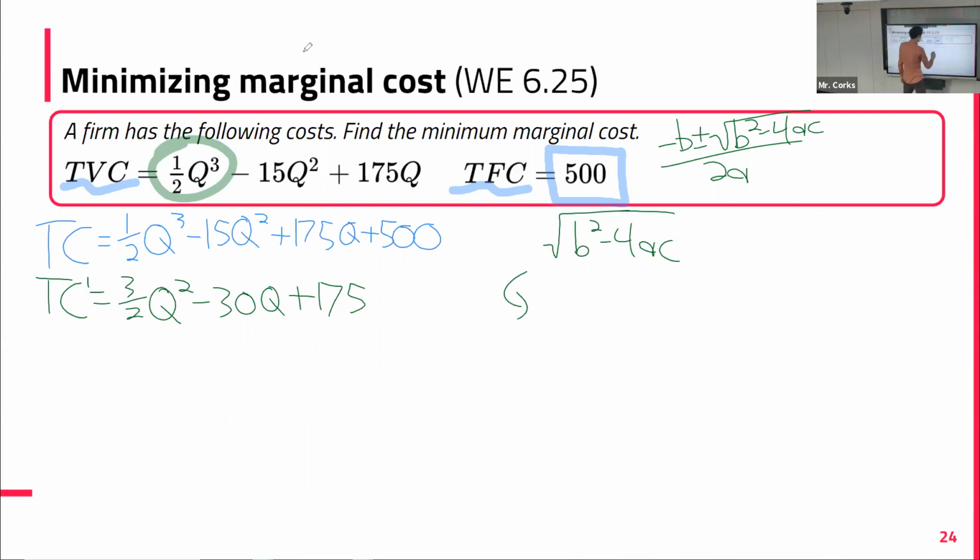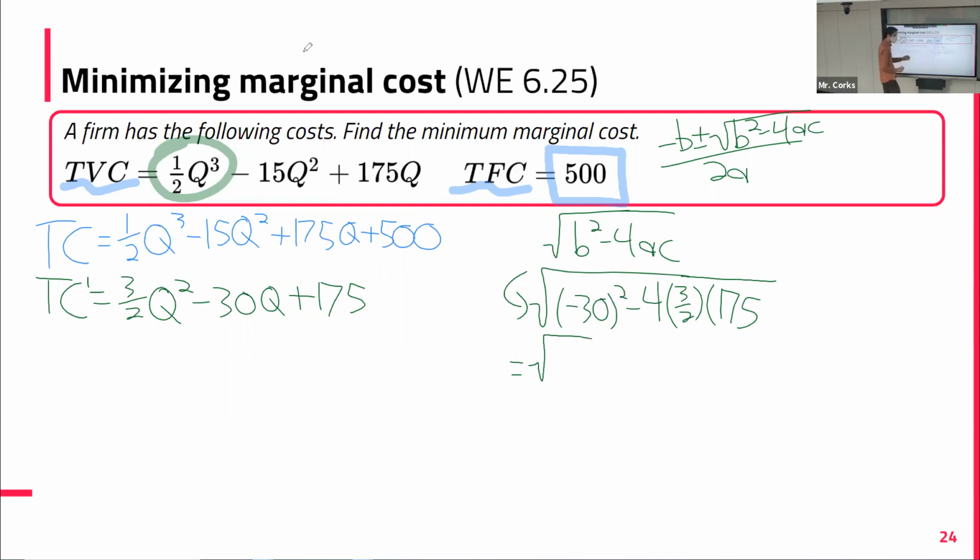So the square root of b squared, negative 30 squared, minus 4 times our a, 3/2, and our c, 175. That will equal the square root of 900 on the left. And what are we going to have on the right here?